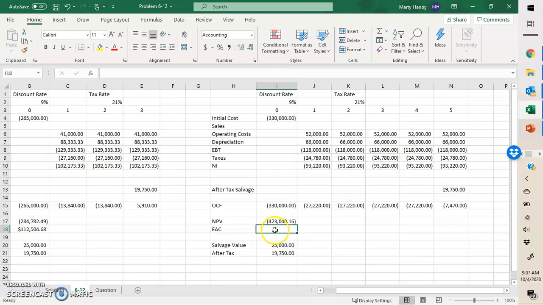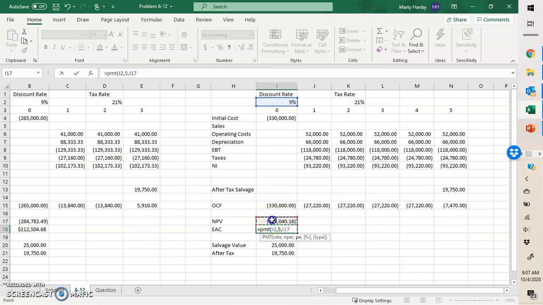Now we're going to calculate the equivalent annual cost. We're just calculating a payment, then rate, the 9%. Number of periods here is 5, and then comma, calculating the payment based on the NPV.